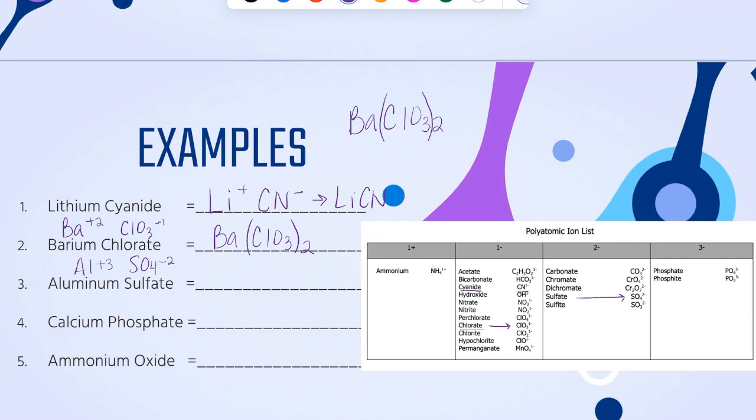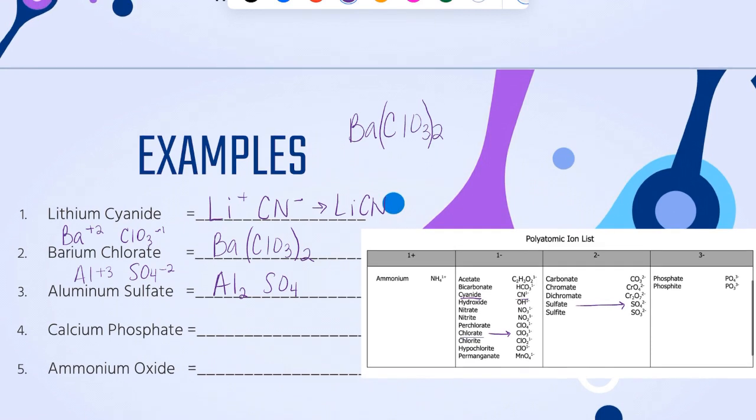So I'm going to get to positive 6 and minus 6. So in order to do that, I would need 2 aluminums and 3 sulfates. And again, before I put the subscript 3 on the sulfate, I'm going to put parentheses around the sulfate and a 3 after. That way, I can see I have 3 sulfates and not 43 oxygens.